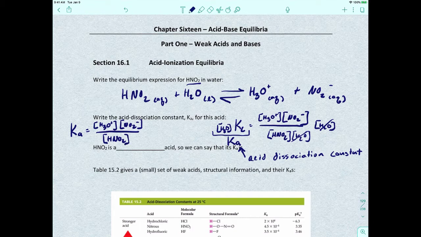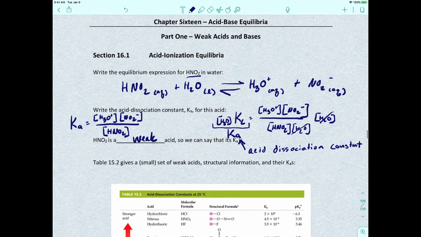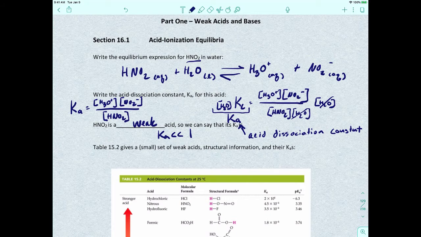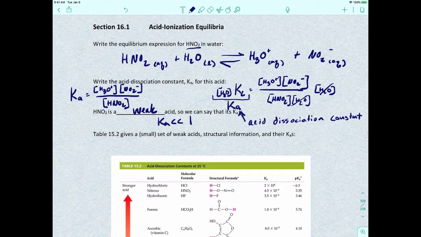Now, HNO2 is a weak acid, so we can say that its Ka value is going to be very, very small, much less than 1. Keep in mind that we need to keep an eye on what the Ka values are, and here's the reason why.